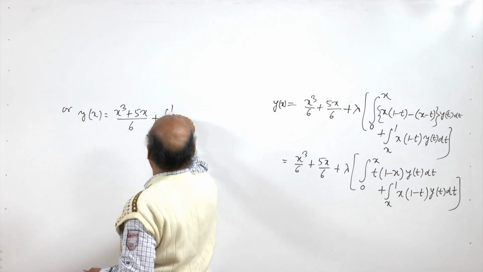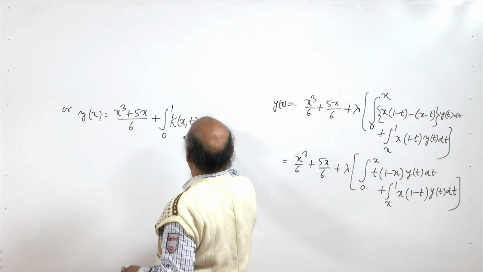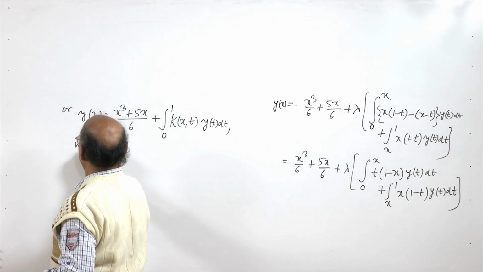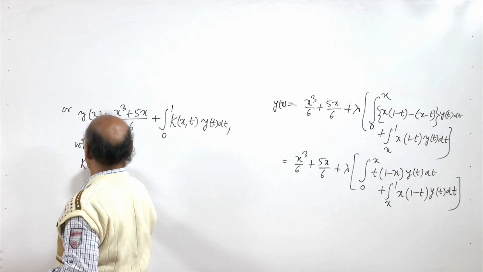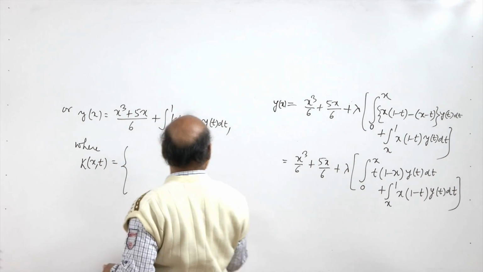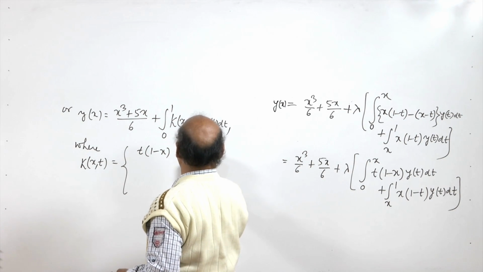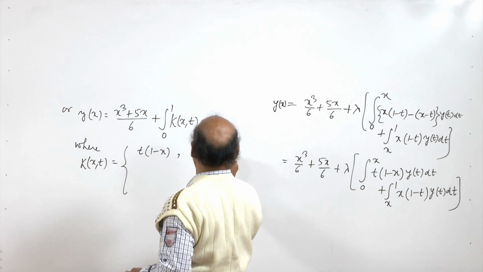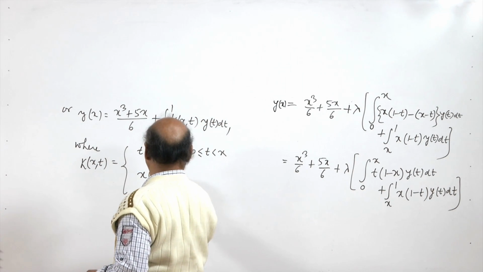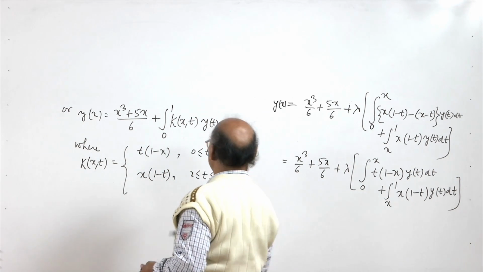integral 0 to 1 K(x,t) y(t) dt, where K(x,t) is the kernel of the integral equation, defined as t times (1 minus x), where t lies from 0 to x, and x times (1 minus t), where x is less than or equal to t less than or equal to 1.